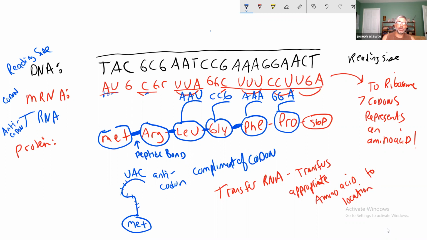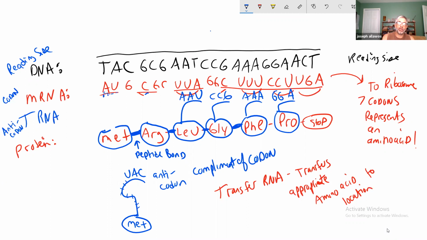Now, here's the tricky thing. Here's where students make mistakes. The genetic code is based on the messenger RNA codon, okay? Not the transfer RNA anticodon. So let's just say you forgot that, and instead of looking up UUA, which would bring leucine, you look up AAU instead.